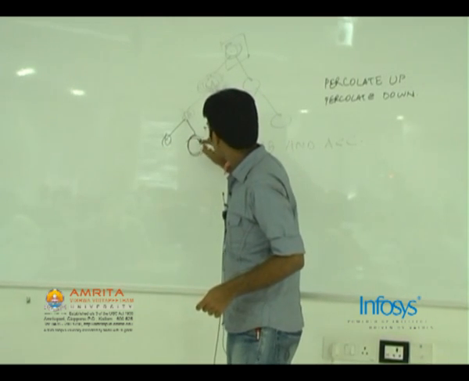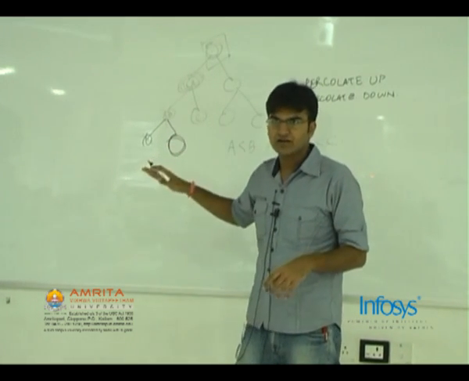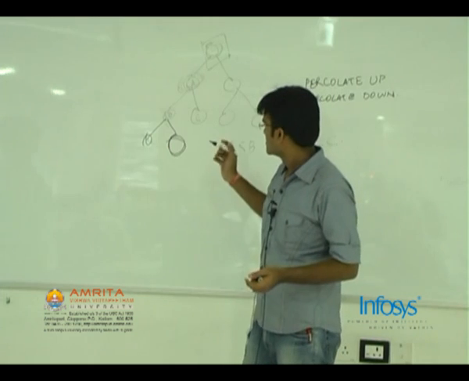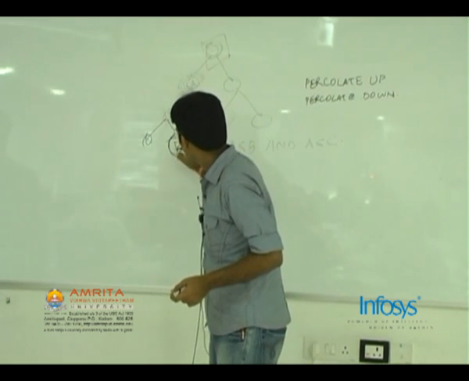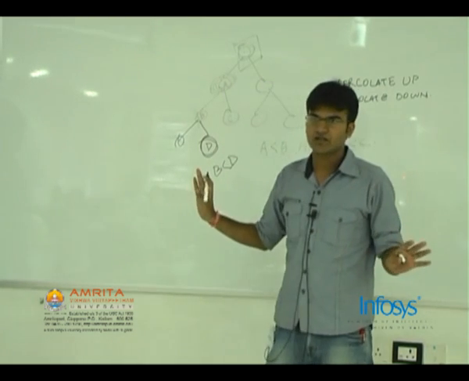When you insert an element here, the property that I mentioned could be violated. If I'm inserting an element here and it follows the relation B less than D, then we are fine.